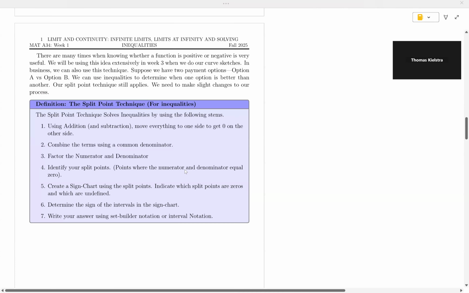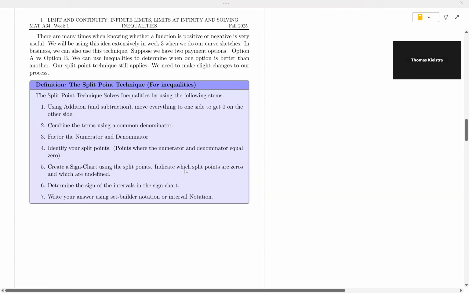Now, what we're going to do is take our split point technique and change it slightly.